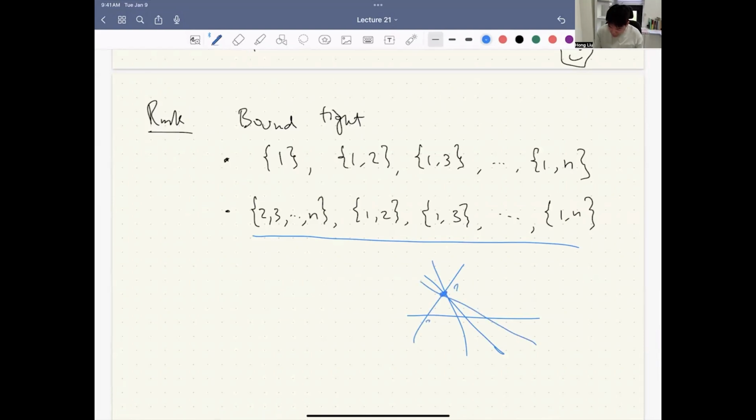It's kind of {1, 2, 3, ..., n}, isn't it? Any question? Okay.